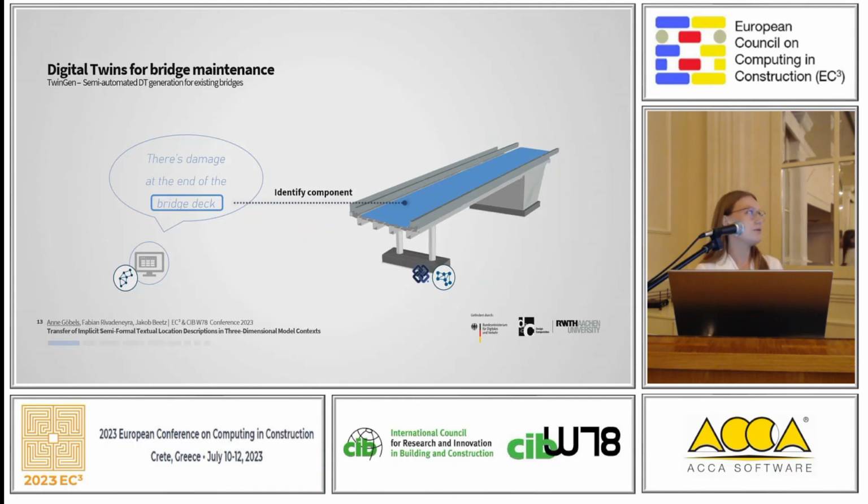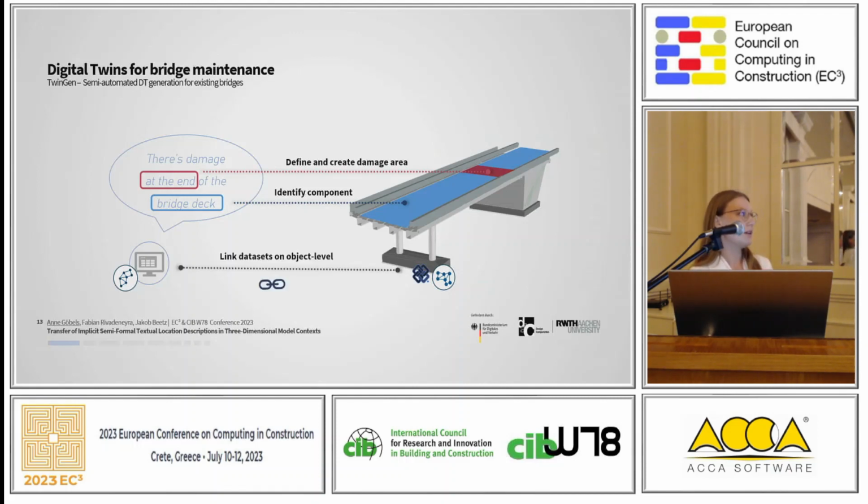So, first to identify the meant or affected component by a damage, and then based on that, define and create a damage area representation, so that we have, for the first time, a spatial representation of this just textual information. As a result, we have links between the old and the new data sets, so that the geometry model is enriched with all the semantics, and the semantics now have, for the first time, a geometrical representation.